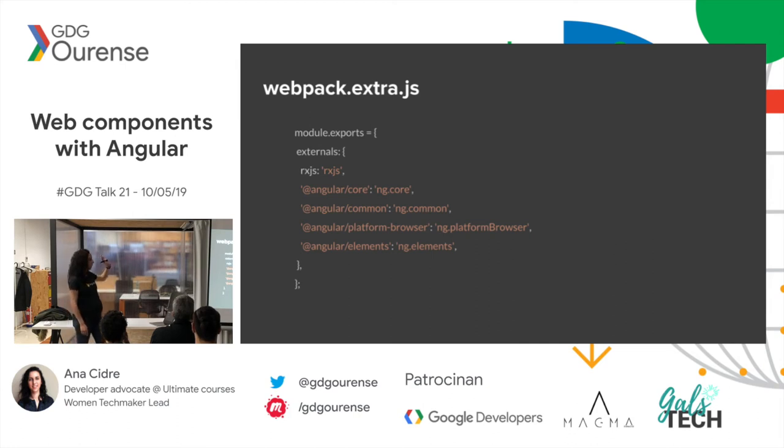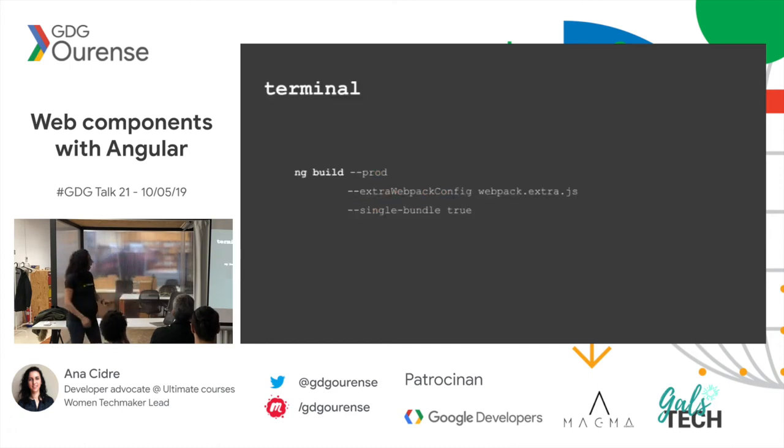And here is going to go everything that you don't want included in your web component. So this is the normal stuff that you would add, but if you were adding, I don't know, NgRx or something, you could also add that in here. And then you just build it. So here I'm saying to include that extra file in Webpack, and that I just want one bundle, I don't want two. And that's it, it's done.